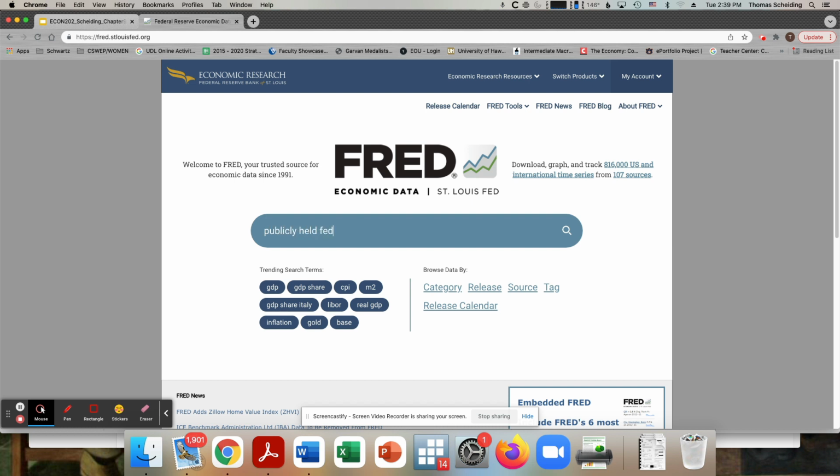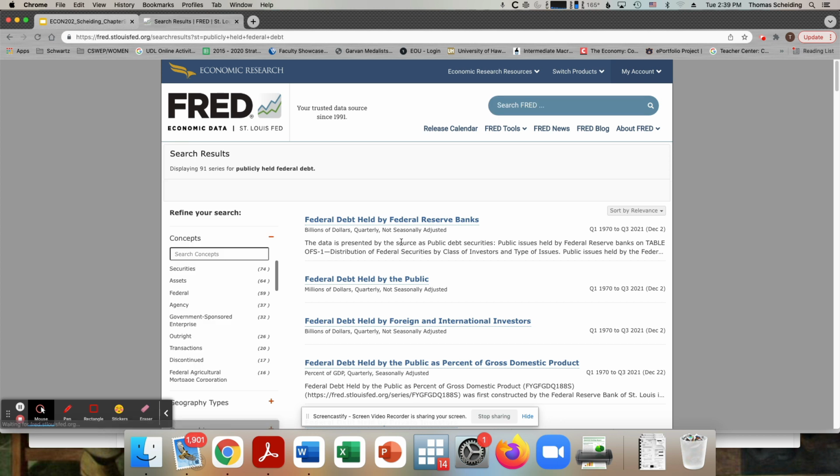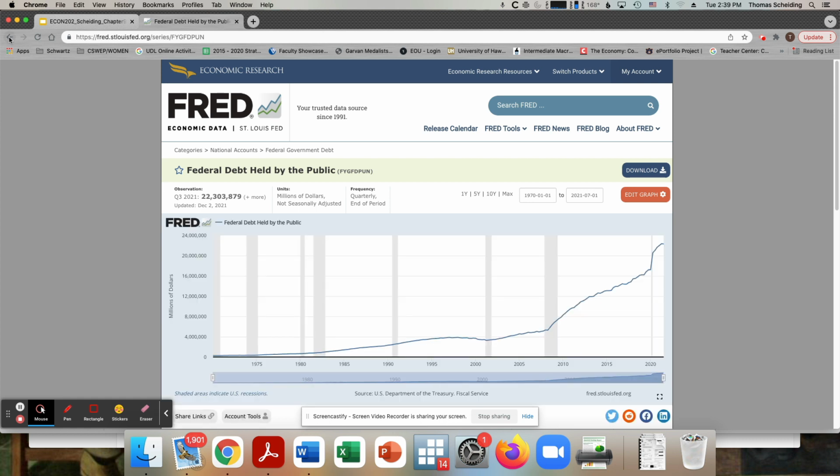Publicly held federal debt. And we can see here that as certain agencies were capturing more money, they were forced to hold that amount. And plus, as the economy had a larger amount of debt that could be purchased by these government agencies, that would be what we'd see here.